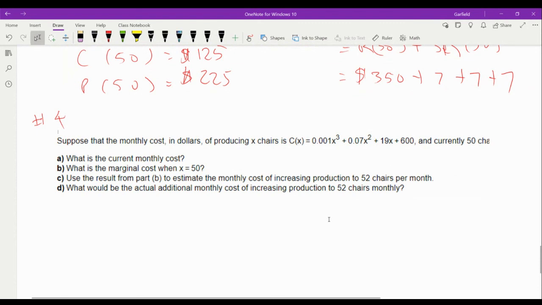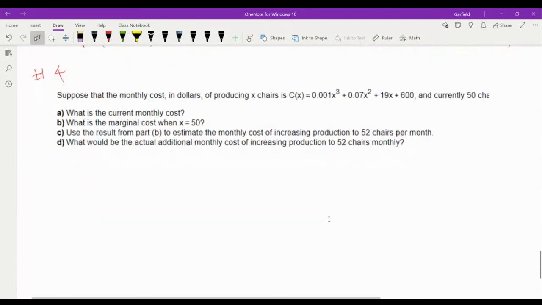And 50 shares are produced currently. All right, let's do part A. And we'll work on the rest of it. You guys are doing part A, I'll take the roll. I don't think you need me for part A.